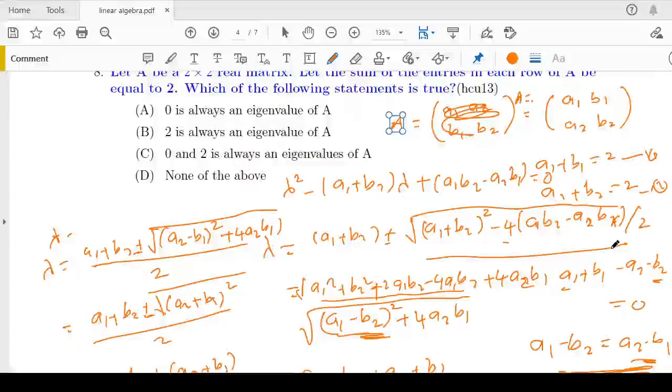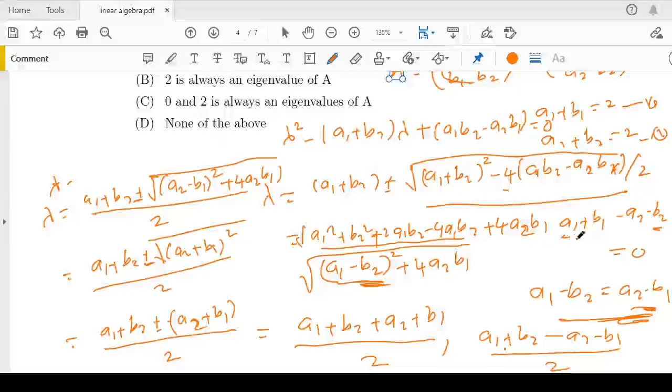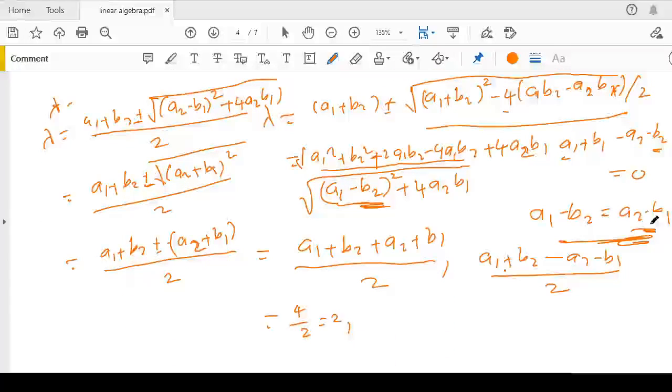Taking 1 minus 2, we get a1 minus b1 minus a2 minus b2. Therefore a1 minus a2 equal to b1 minus b2.